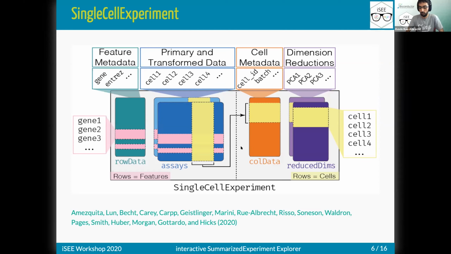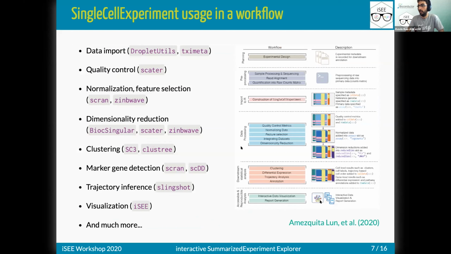Because this container is so popular and so widely used throughout workflows, a lot of packages can interact with it, from the data import all the way to the visualization. A typical single cell workflow, or really any workflow, tends to go from the data import. For single cell, you have DropletUtils, or more generally, you have tximeta, a wrapper around many different quantitation methods.